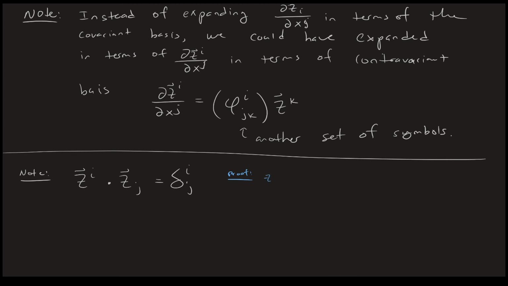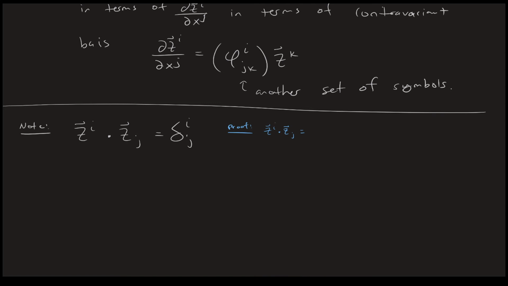Well, z i up dotted with z j down will be equal to, well, I could say that that is g i r z r if I lower that index on the z i, dotted with z j.